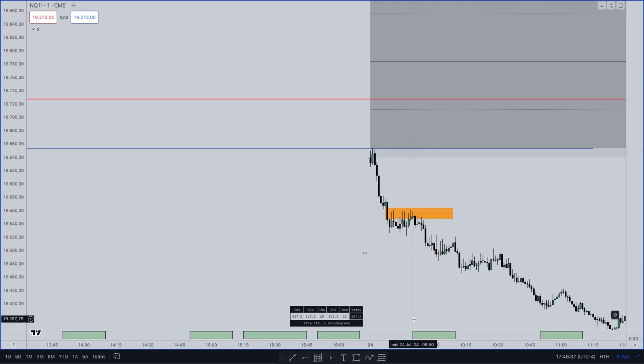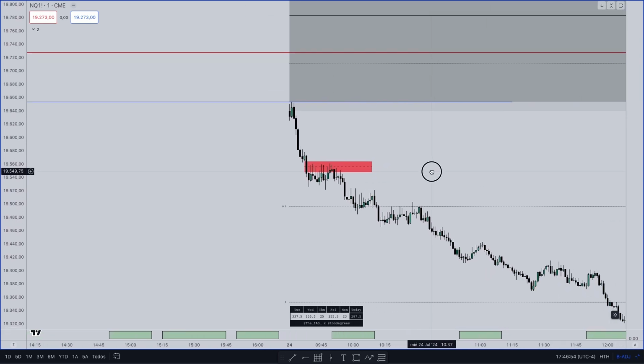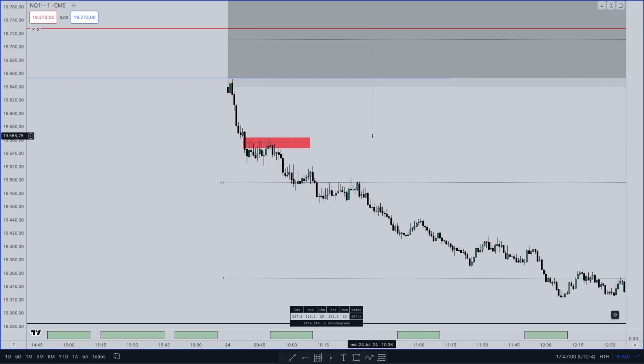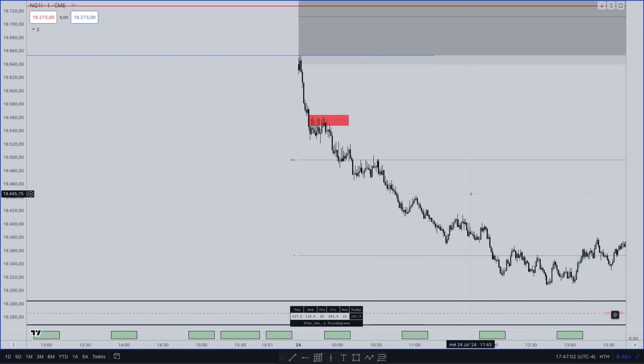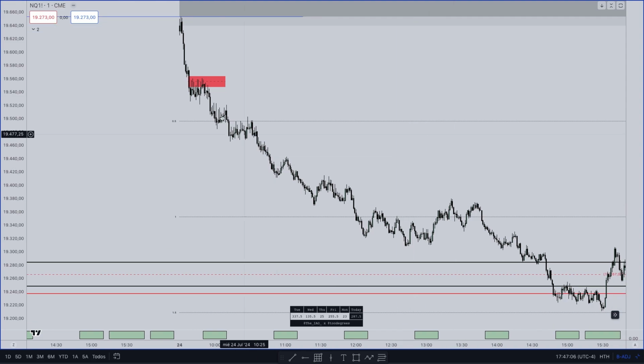For example, we have the 9:50 10:10 macro, and we were inside this imbalance, this little VI right here. I didn't take this trade because I was expecting another kind of scenario, and it was hard for me to trust this move, so I waited for this setup here.